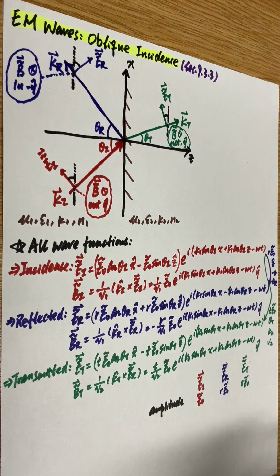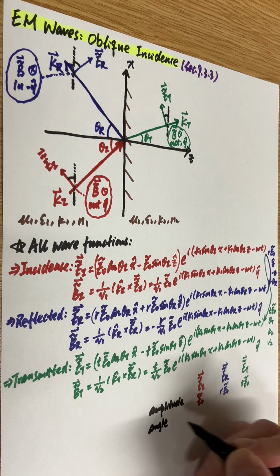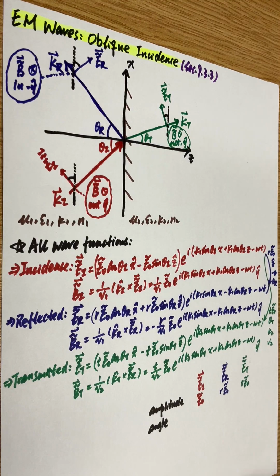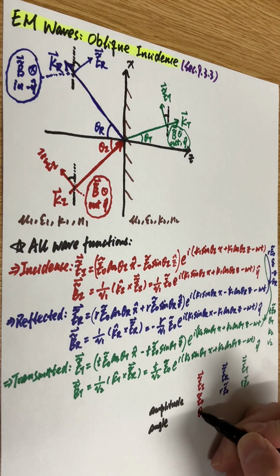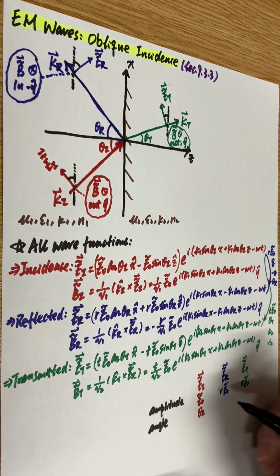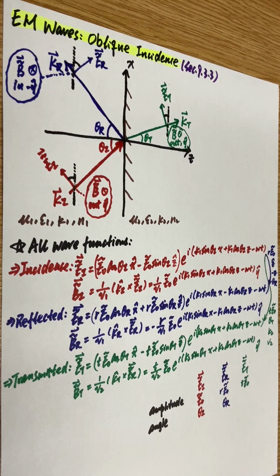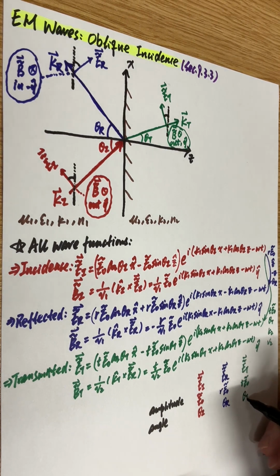And secondly, we have the angle. The incident angle is theta I, and in the wave function, we replace theta I by theta R for the reflected wave, and then we have theta T for the transmitted wave.